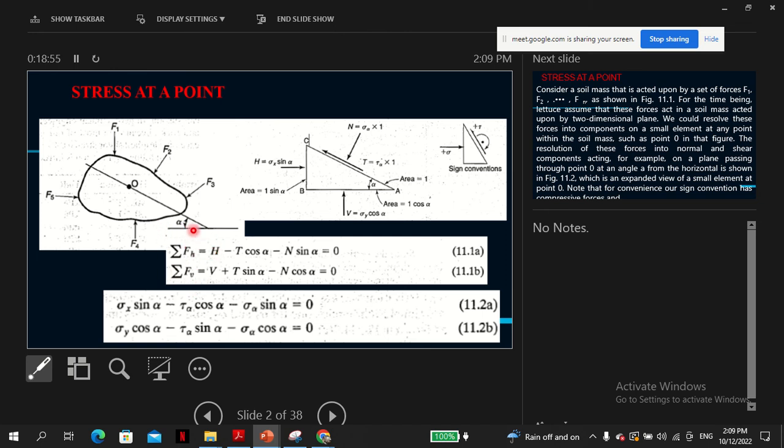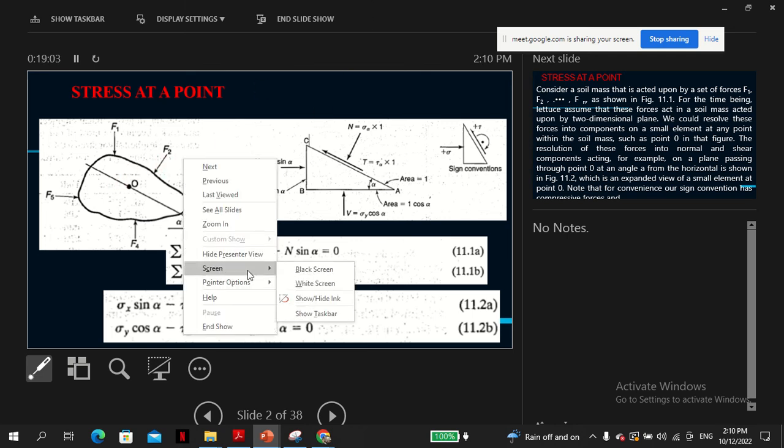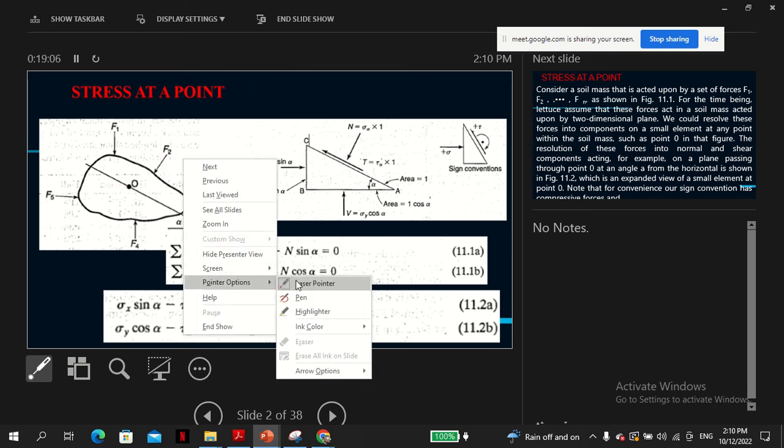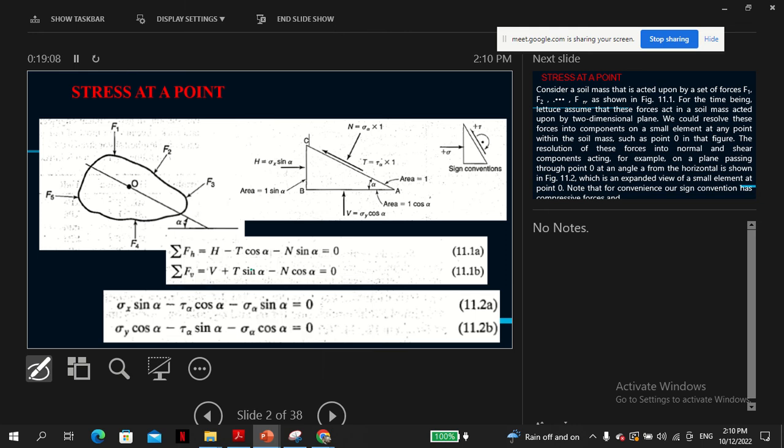So from equilibrium of forces, I don't need to tell you, you should know how to resolve forces from physics.